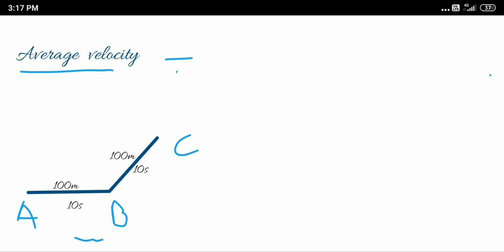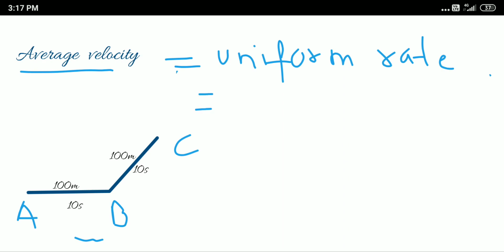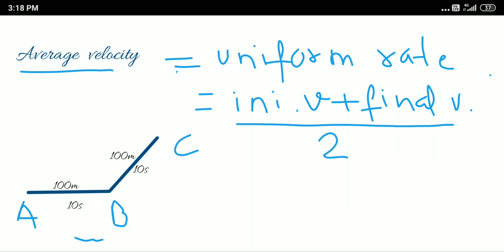Am I clear? Now how do we find average velocity? When an object is moving with a uniform rate, not bothering about the direction, average velocity will be equal to the arithmetic mean of these two. That means initial velocity plus final velocity divided by 2.